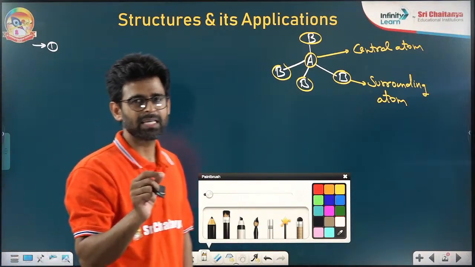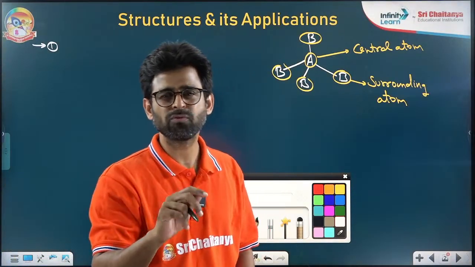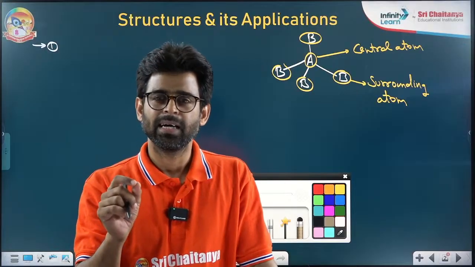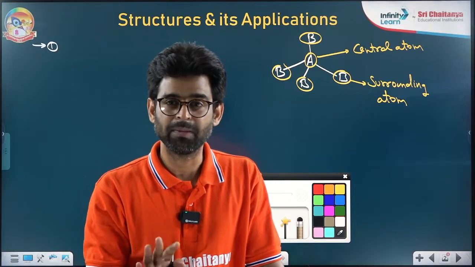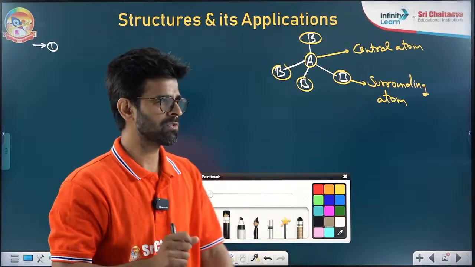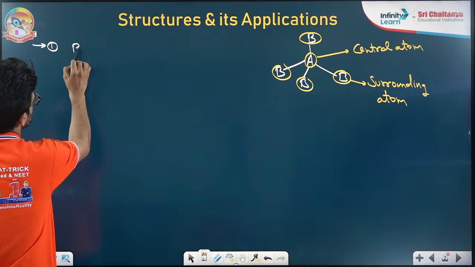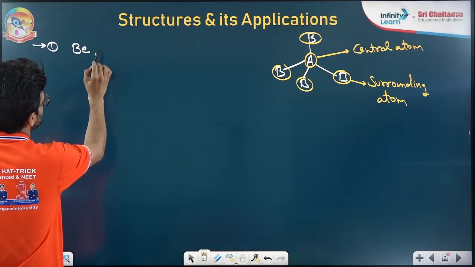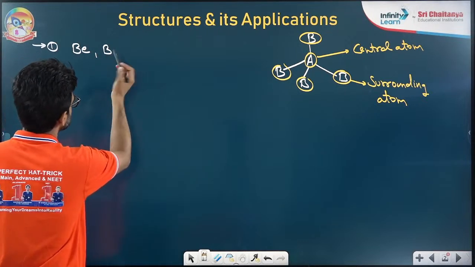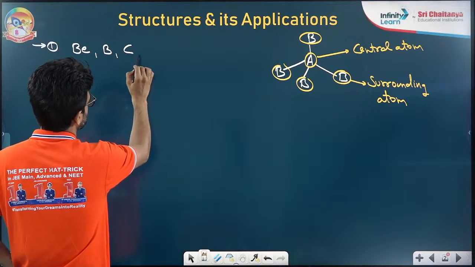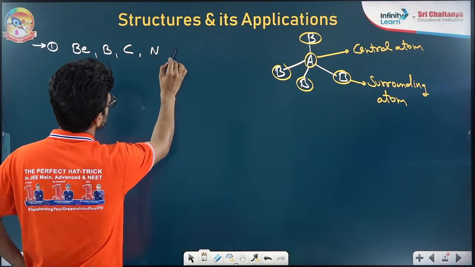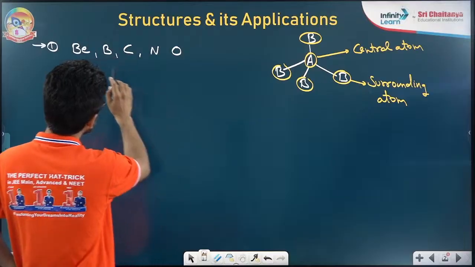First of all, let us discuss the center atom. In most of your molecules, the center atom will be mainly these elements. In most of the questions, you will find your center atom is beryllium, or a bit of boron, carbon, nitrogen, oxygen.